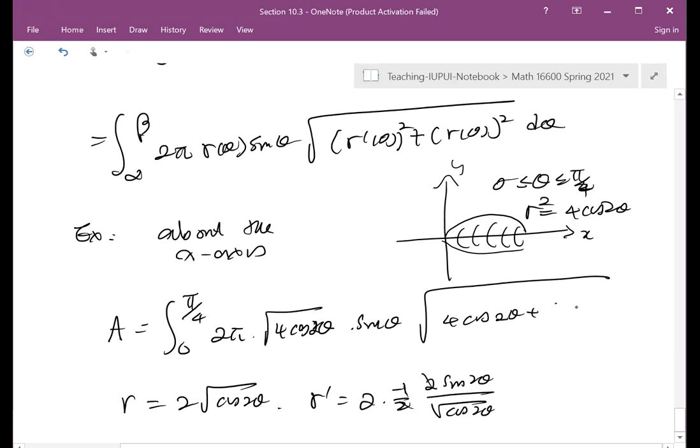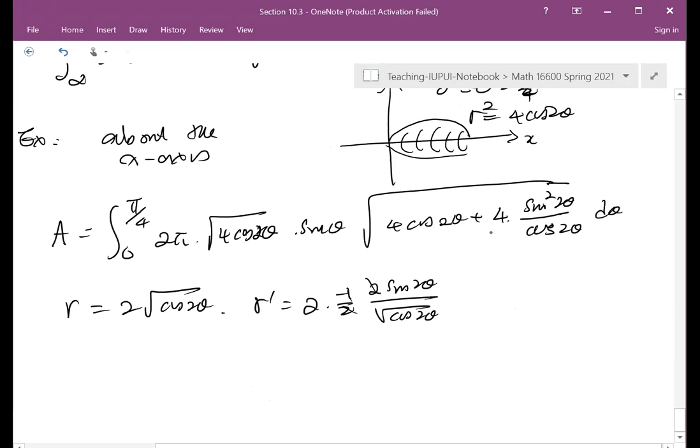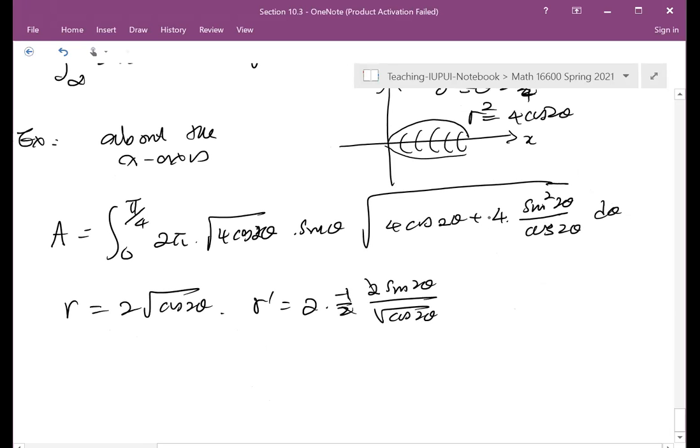So you get 4 cosine 2 theta plus sine squared 2 theta over cosine 2 theta, and this is d theta. Actually, you can simplify it using sine squared plus cosine squared. I don't have much time left. So you set up the integral, you can simplify a little bit, and then you can evaluate.